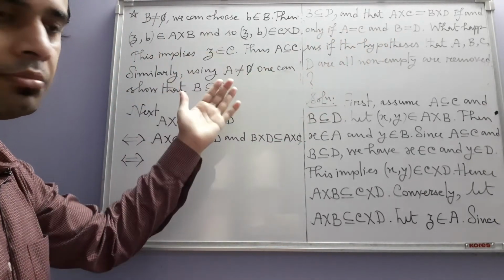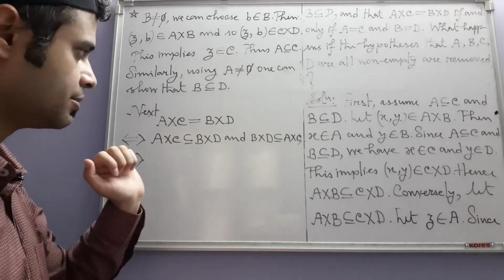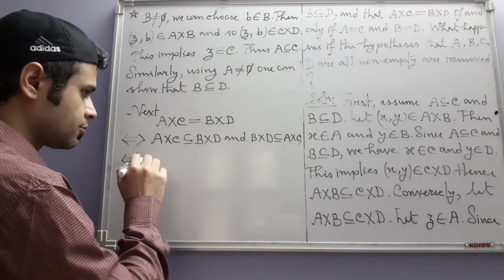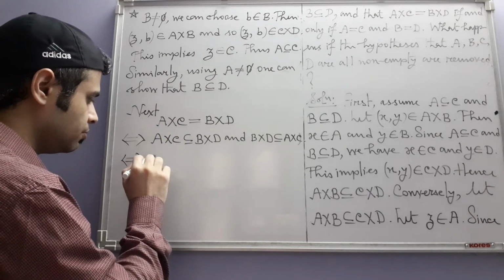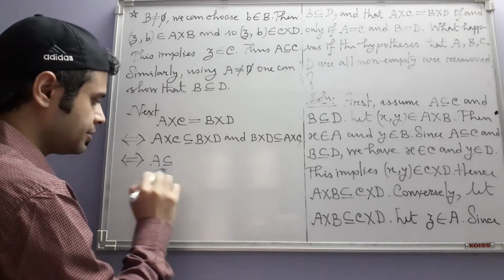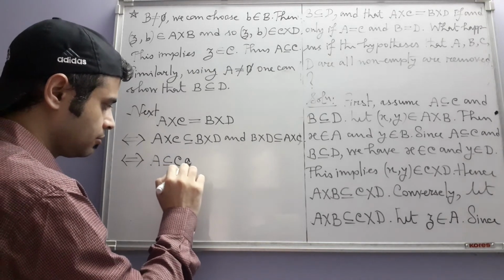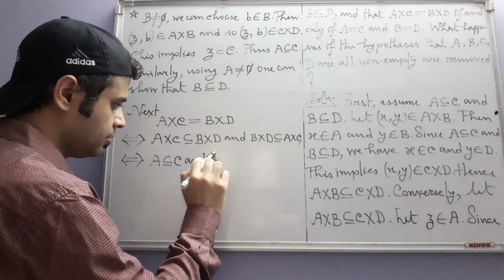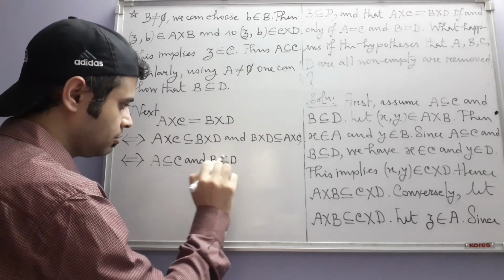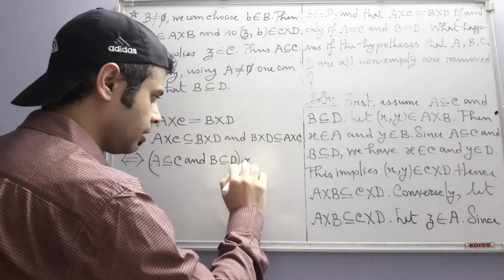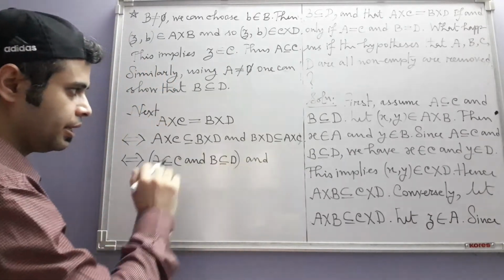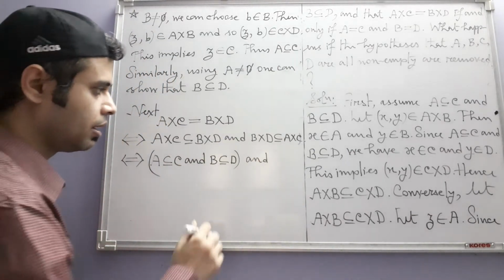So from what we have already proved, A is a subset of C and B is a subset of D, and here the exact opposite will happen.